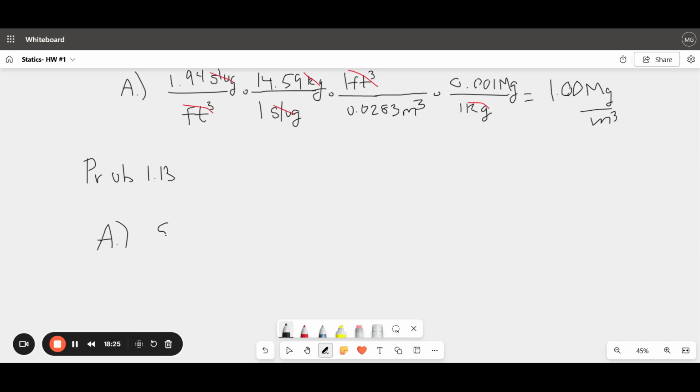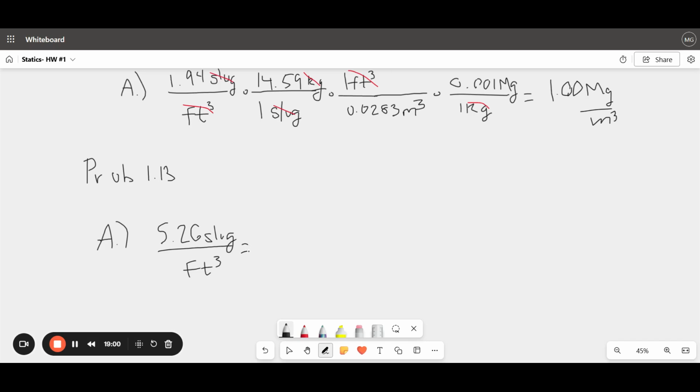So I was given 5.26 slugs over feet cubed. So it's basically going to go through the exact same process we just went through for the last problem. So all the unit conversions, everything is going to be exactly the same, and the answer is even going to be in the same units. So if you want to look at the work, just look at the last problem.